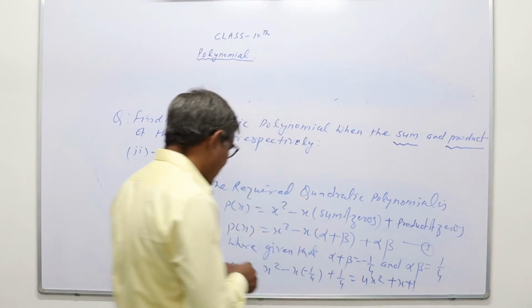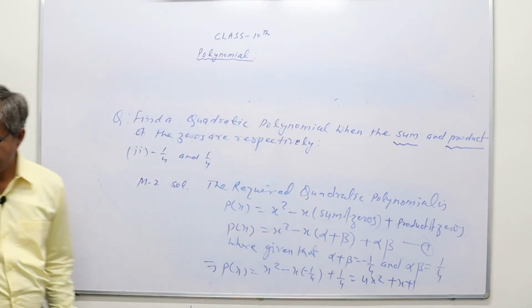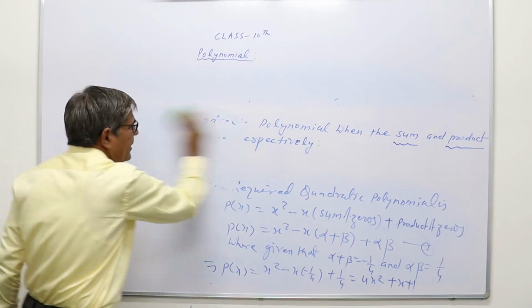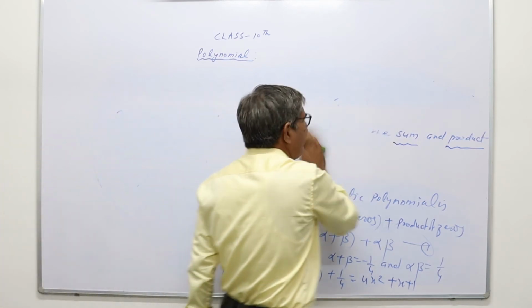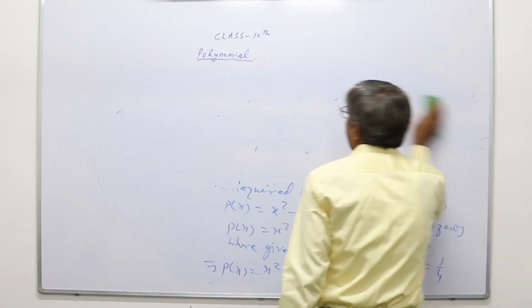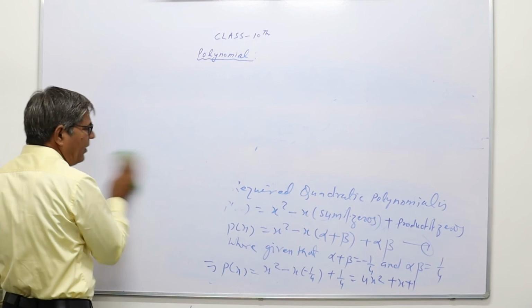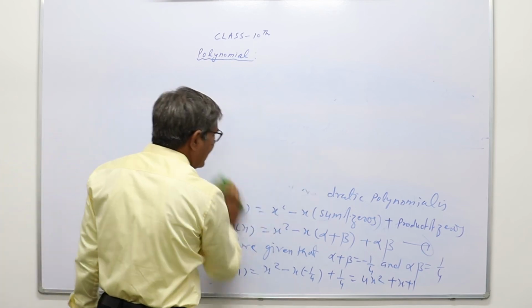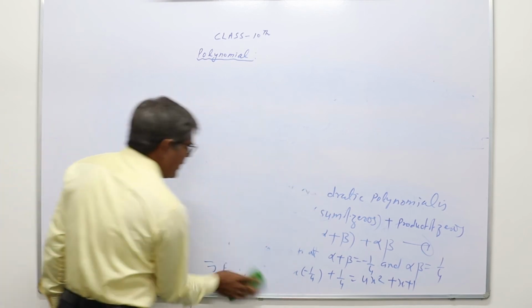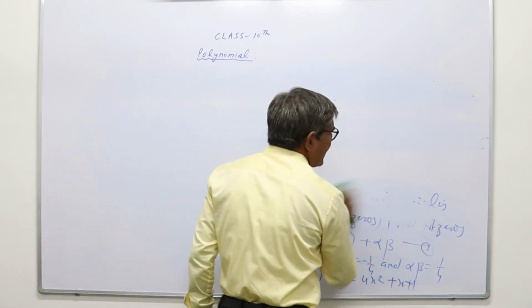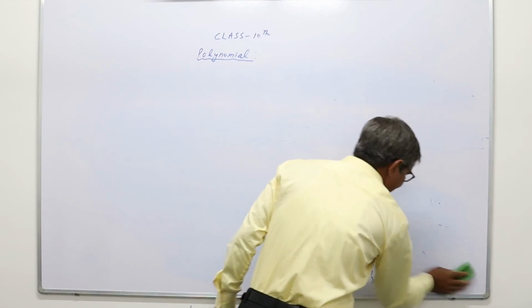That is your answer. This topic is very, very important, and in the exam also you will get one question based on the relationship between the zeros and coefficients of a quadratic polynomial.